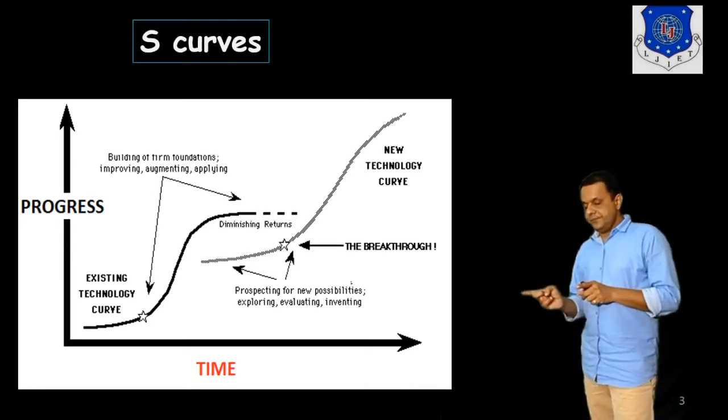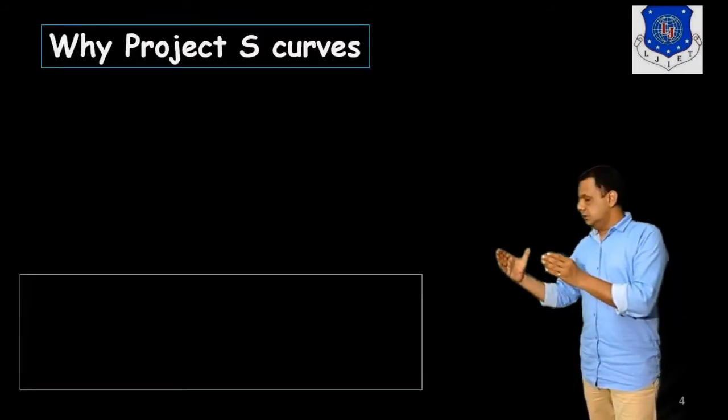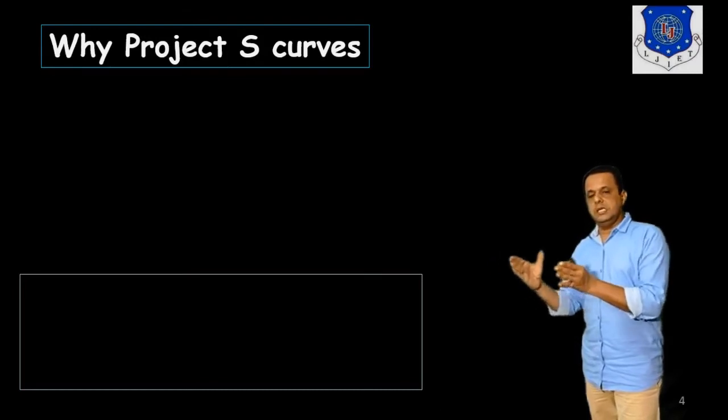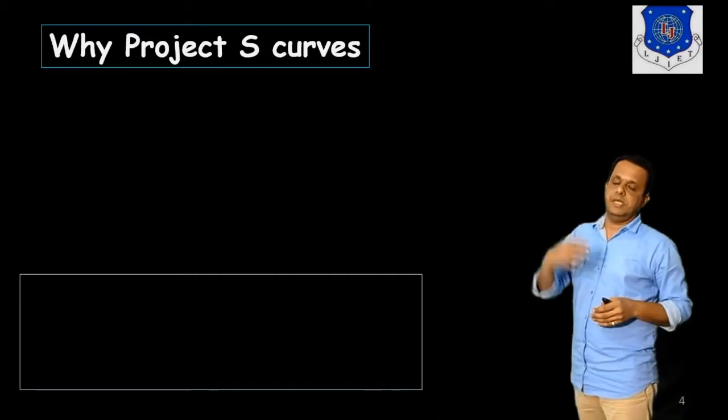So every time there are three parts we observe. The one is the initial part, another is the middle steep part, and the third one is the diminishing part, that is steady.